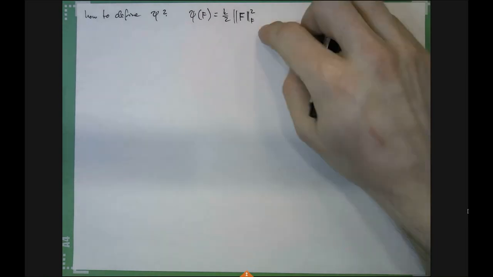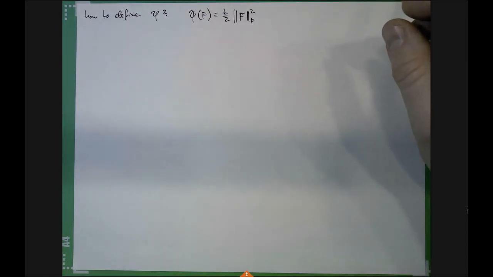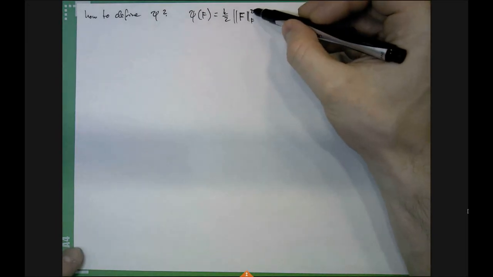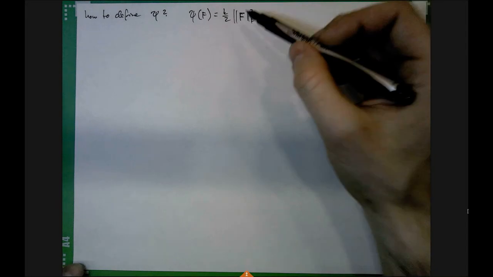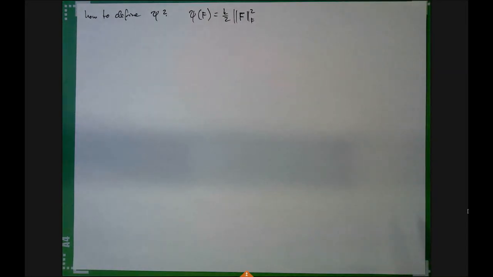You know what Frobenius norm is, right? Frobenius norm means sum all the elements squared and take a square root. This square root, that's what I'm canceling by this, so no square root there. So this is only 0 if the F matrix is a matrix of all zeros.